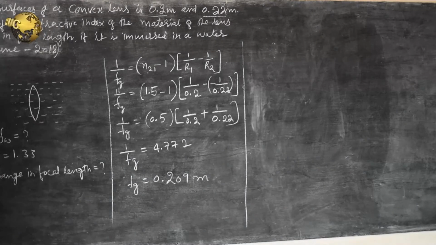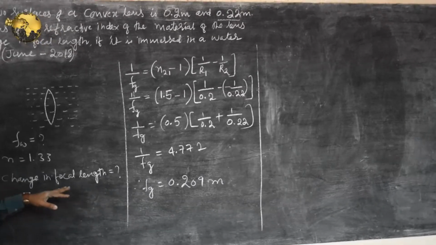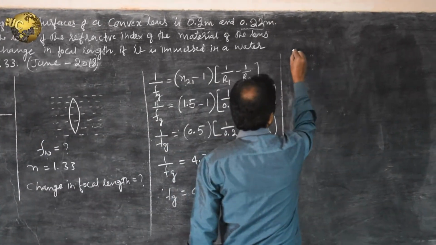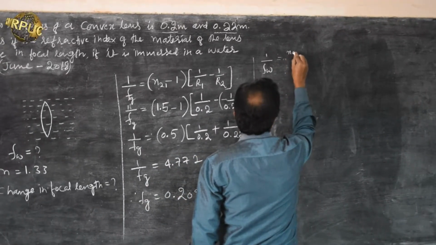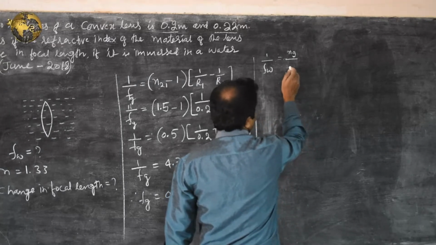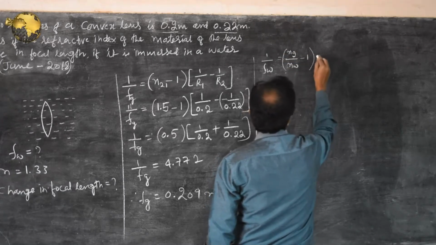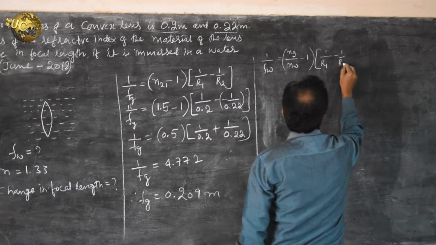Okay, so let's go to the next step. When the lens system is immersed in water, the focal length will change. That is given by Fw, the question mark, and the refractive index of water is 1.33. The change in focal length also we have to calculate in the second case. So now again we have the formula. 1 divided by Fw is equal to (Ng, the refractive index of glass with respect to water, minus 1) into (1 divided by R1 minus 1 divided by R2).